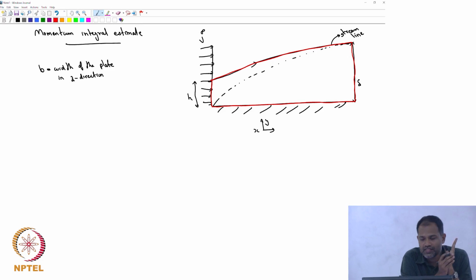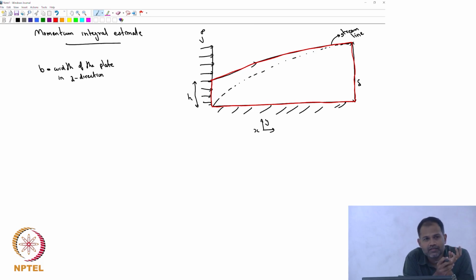On the left hand side, it's bounded by the uniform velocity profile up to a height of h. On the right hand side, the height is delta, the boundary layer thickness. On top, it's bounded by a streamline. On the bottom, it's the plate. That's the volume that I'm going to look at, and I'm going to write down a force balance. The control volume is clear?